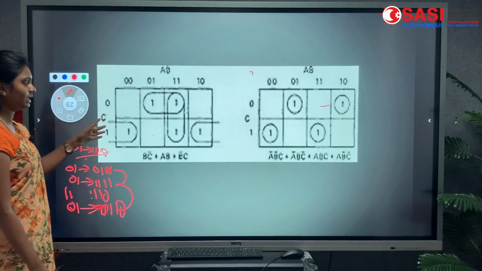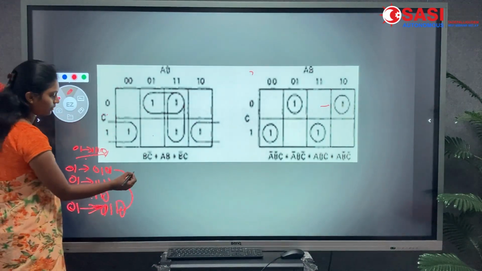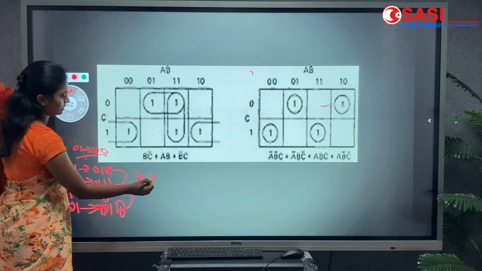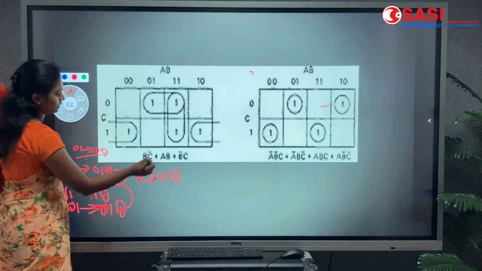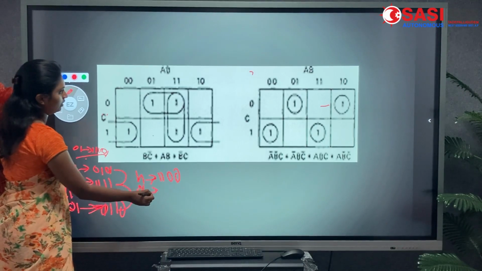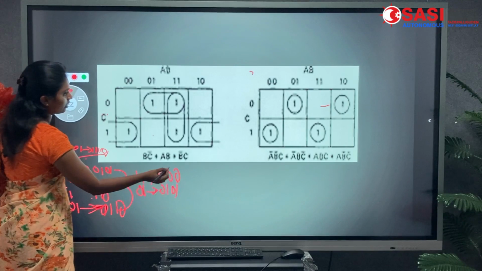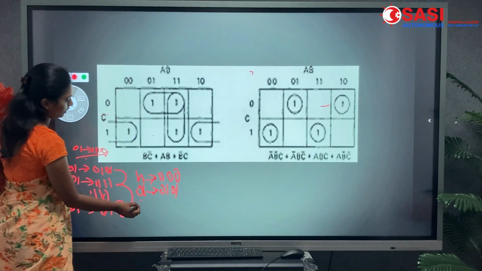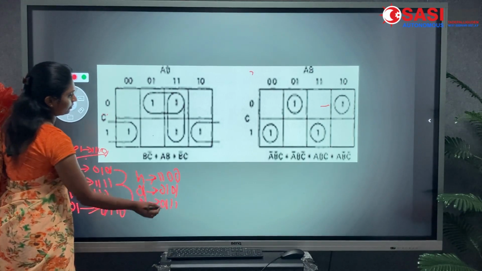Now we will calculate 5 variables or 6 variables, shall we? 1 1 indicates 1 1 0 0. Now 0 1 indicates 0 1 0 1. Next, 0 1 indicates 0 1 1 1.